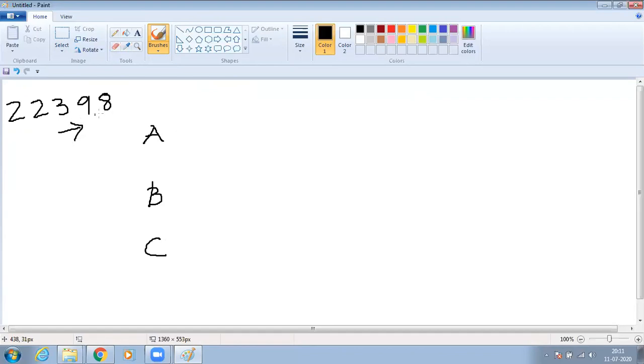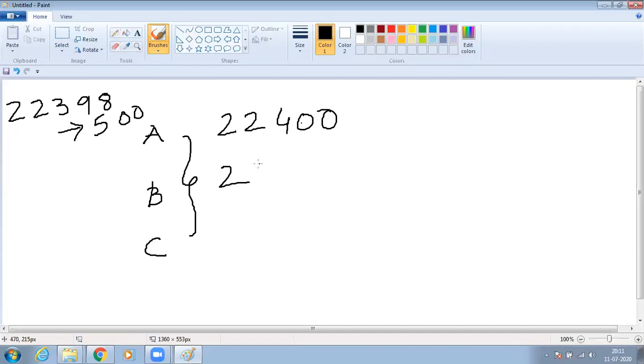Since it has gone 500 points down, maybe these three persons have analyzed and are having different views. A might think that by the month end it goes about 22,400, this person might be thinking it might go beyond 22,600, and this person may think that Bank Nifty may go beyond 22,800.